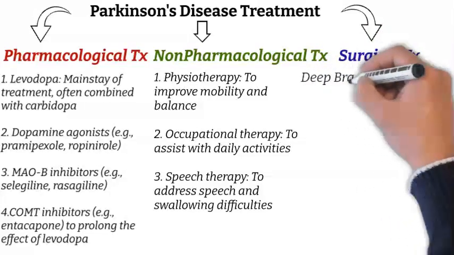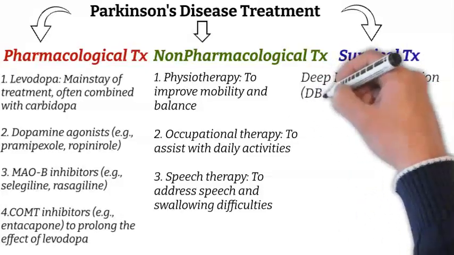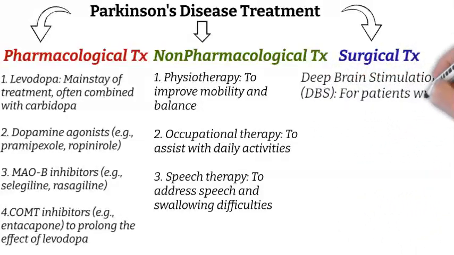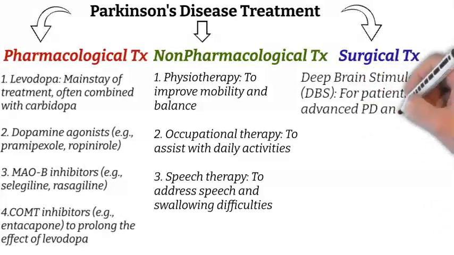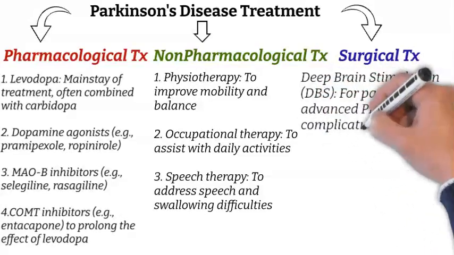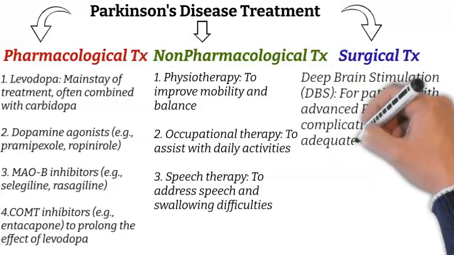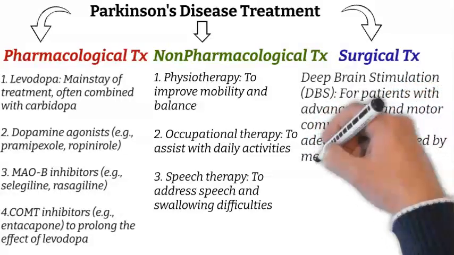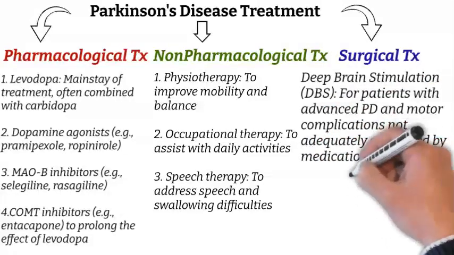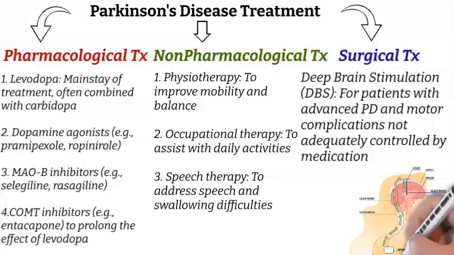The most important one is deep brain stimulation, for the patient who is not responding to medication treatment or has advanced Parkinson's disease with motor complications not adequately controlled with medication. And basically, this is a picture of deep brain stimulation.